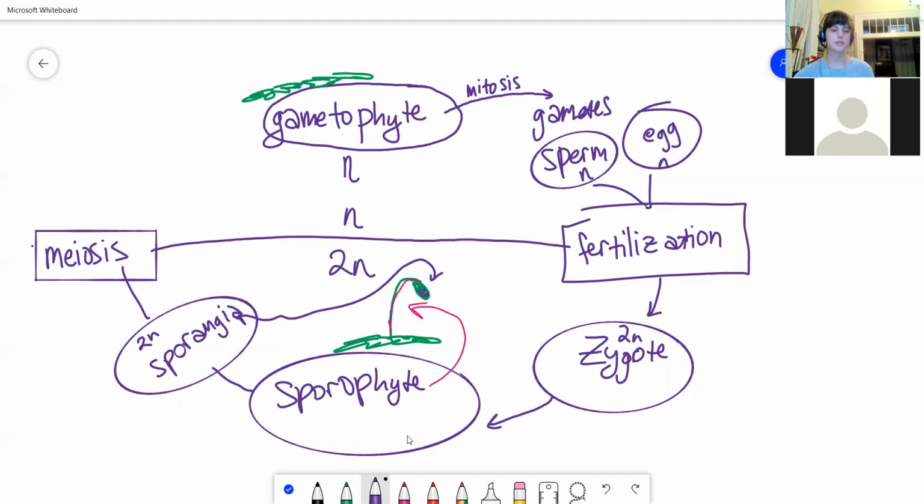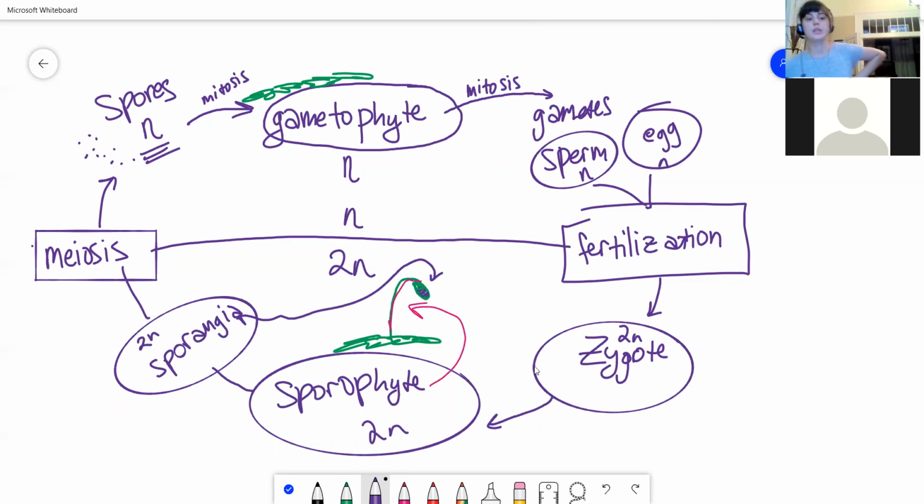These cells are still all diploid, diploid, diploid. When we do meiosis, then you get haploid spores. Those spores grow up, they divide by mitosis into the gametophyte generation.